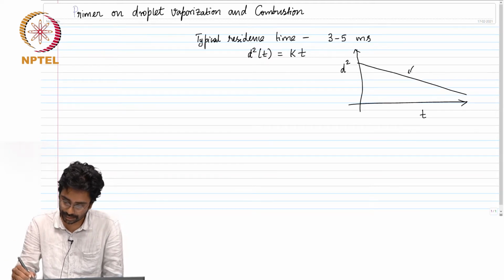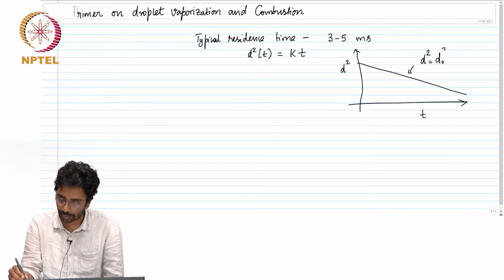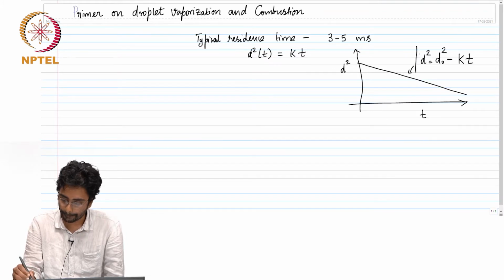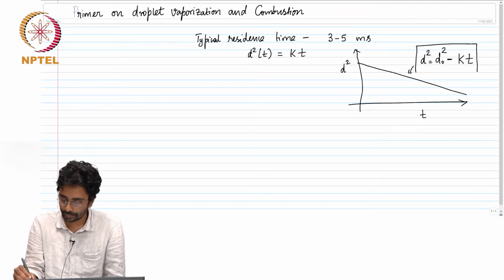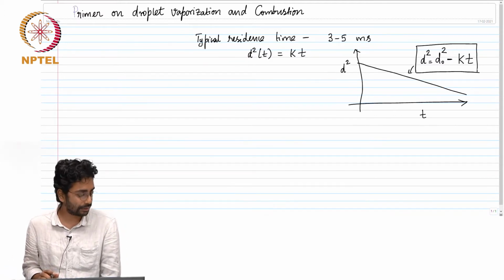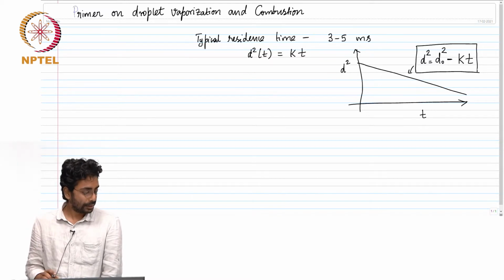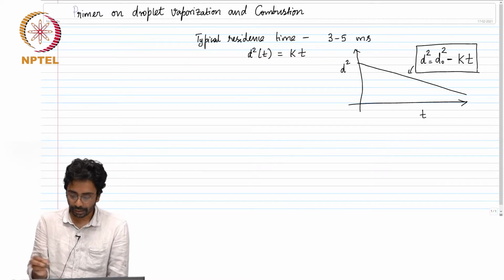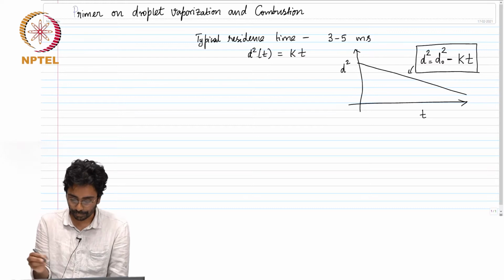So, this equation is nothing but d squared is the initial diameter squared minus some constant multiplied by t. This is called the famous d squared law of droplet vaporization and combustion.